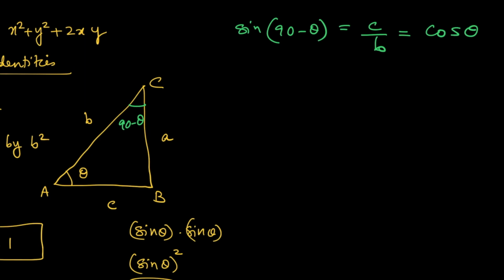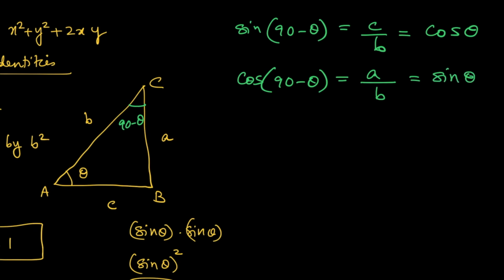Yes, that is cos theta. Similarly, if you take cos of 90 minus theta, as far as angle C is concerned, the adjacent side is A and the hypotenuse is B. So A by B ratio, which is nothing but sine theta.